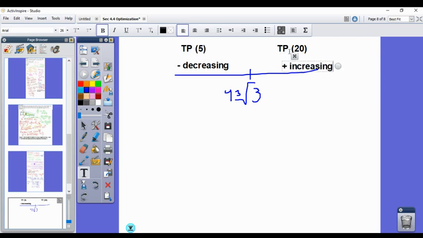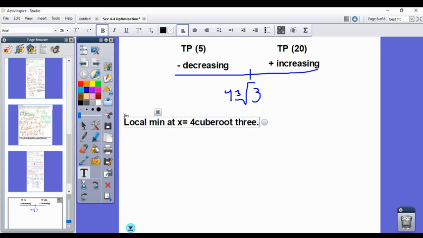If it's decreasing and then increasing, that tells me I have a local min. Since I have a local min at 4 cube root 3, and since this is the only min, it is the absolute min as well.